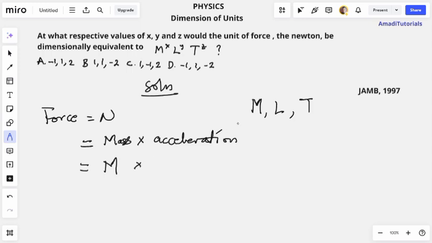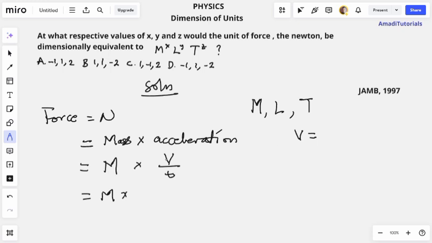Then acceleration, we are going to look into acceleration to see the fundamental units or quantities that make it up. The first step is to define acceleration in its mathematical form. Acceleration means what? Velocity over time, the rate of change of velocity. And then we move further. This is mass times velocity over time, but velocity here is not in its fundamental unit, so we have to also find the fundamental unit of velocity.